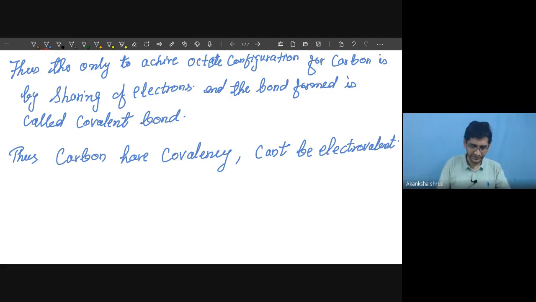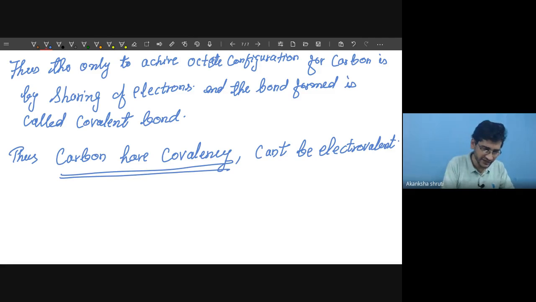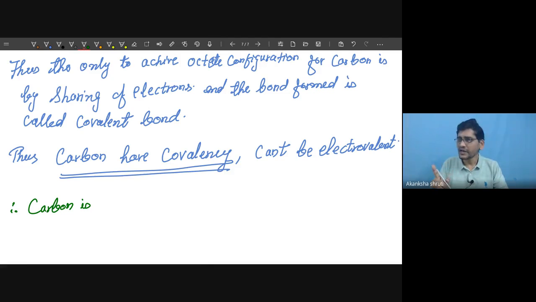Okay, students. So combining the two things, what can we write? Thus, carbon is tetra, means how much covalency? This covalency is 4 in number. Why? The valency that we have calculated earlier, it needs 4 electrons, or it always needs 4 electrons.